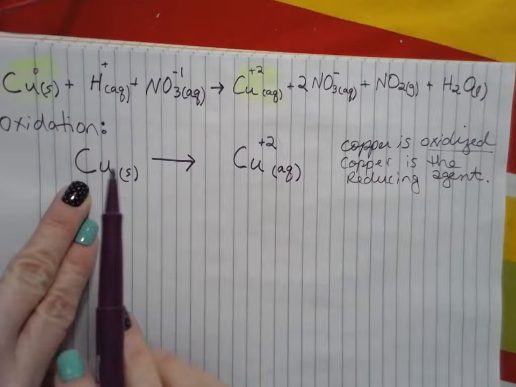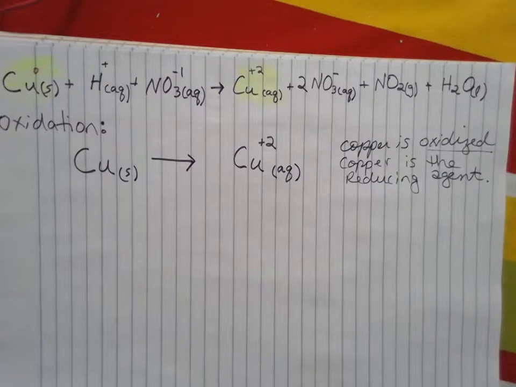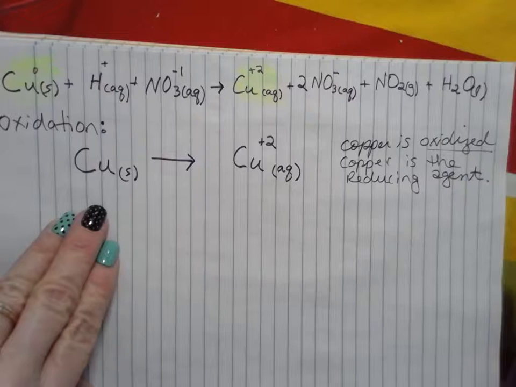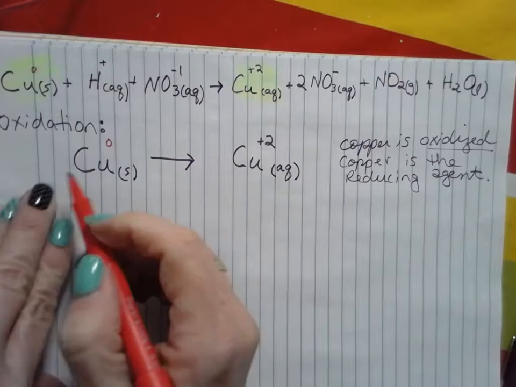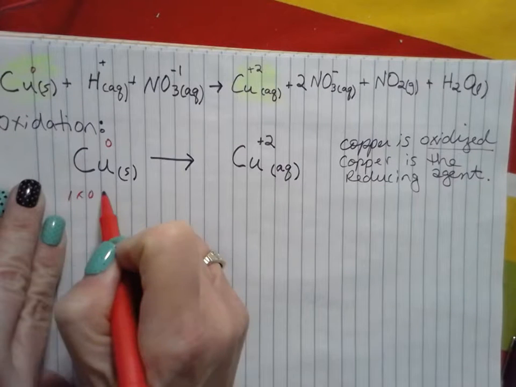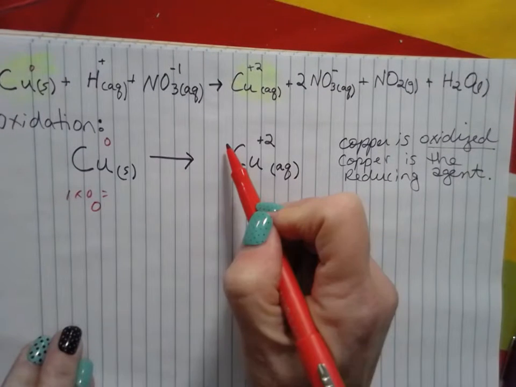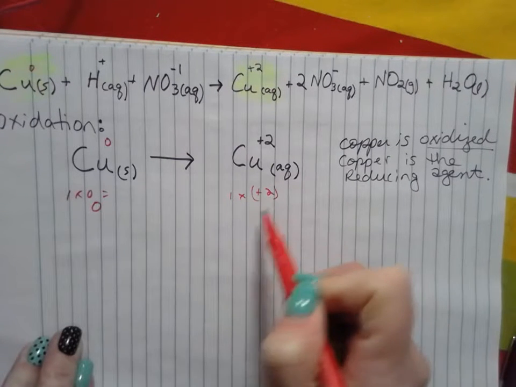I have no oxygens attached, so I don't have to worry about the oxygens. All I have to worry about is the charge. Over here, this has a 0 charge. I've got 1 of them, so 1 times 0 gives me overall 0. I've got 1 of these times a +2 charge, gives me a +2 on this side.